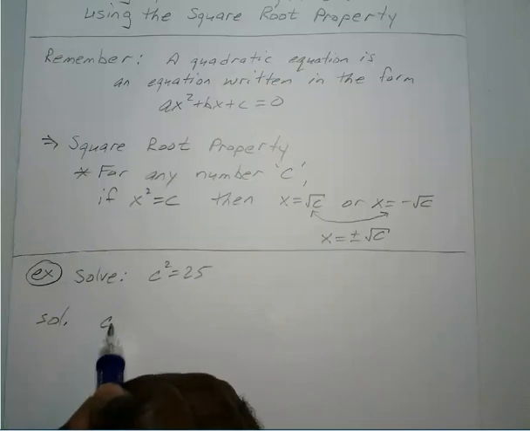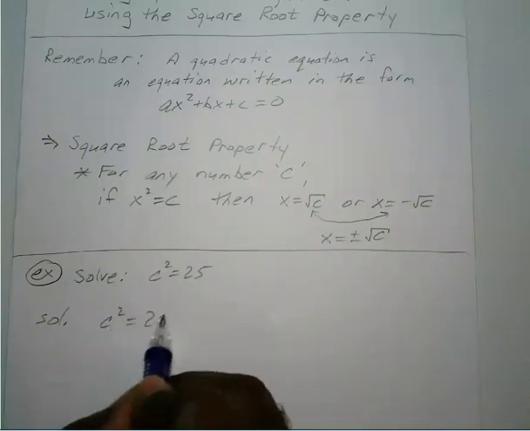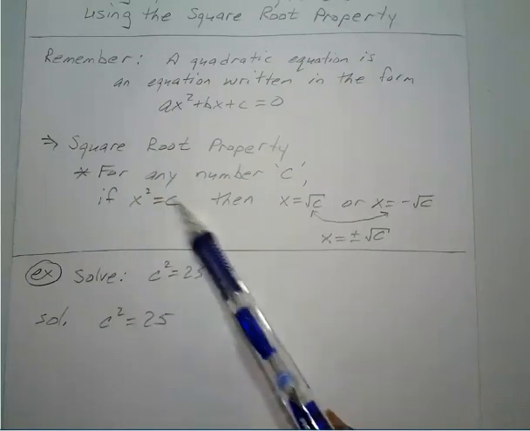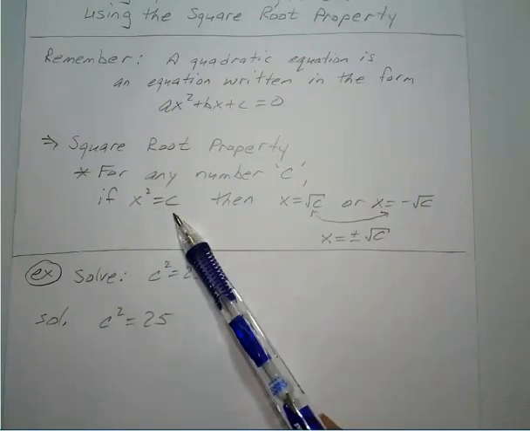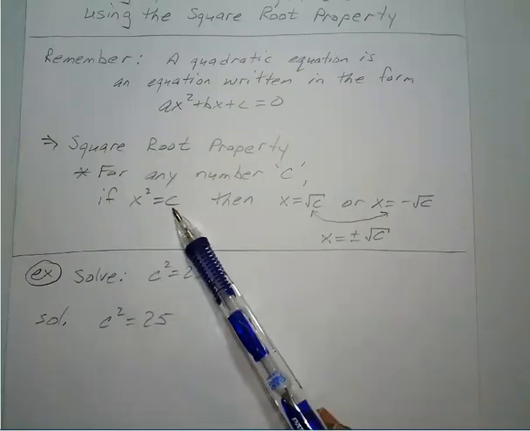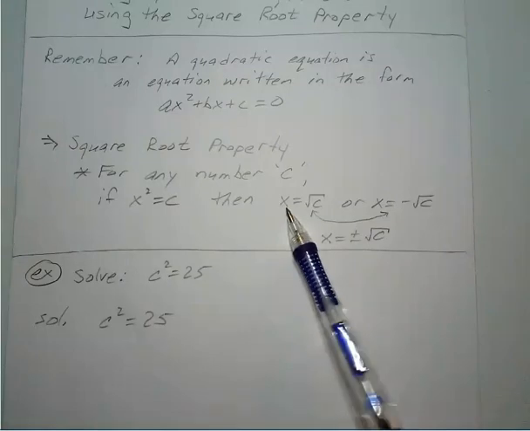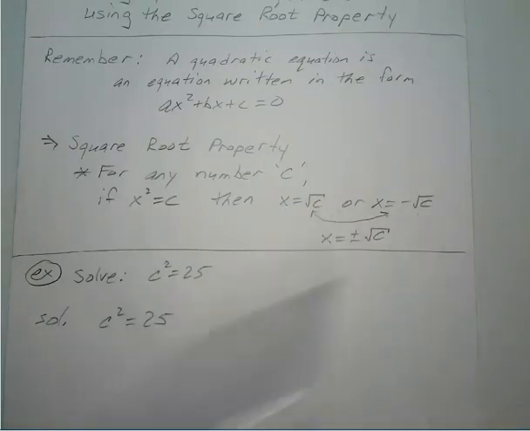So c squared equals 25, just rewriting it. You notice here, whenever you have a squared variable equal to some numerical value, it's just x is equal to the positive and negative of the square root of that value.